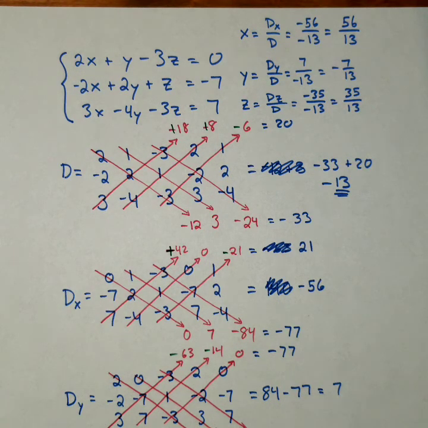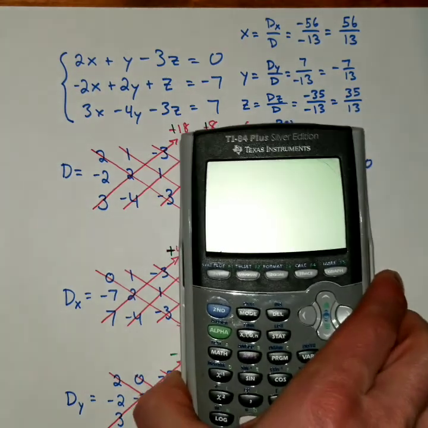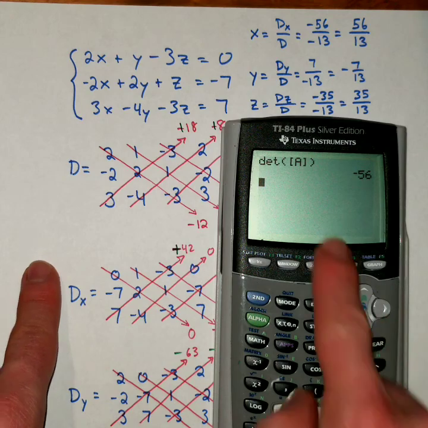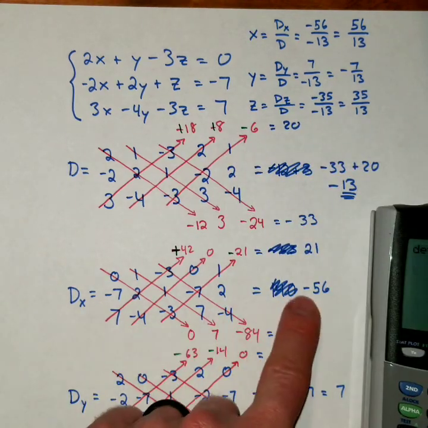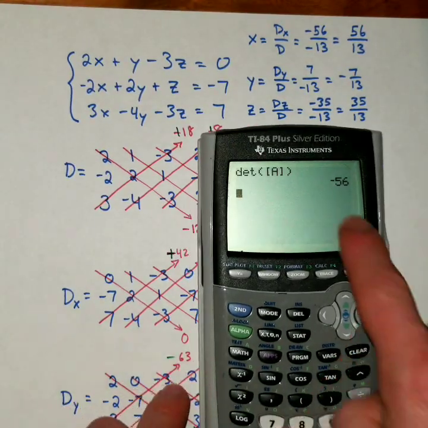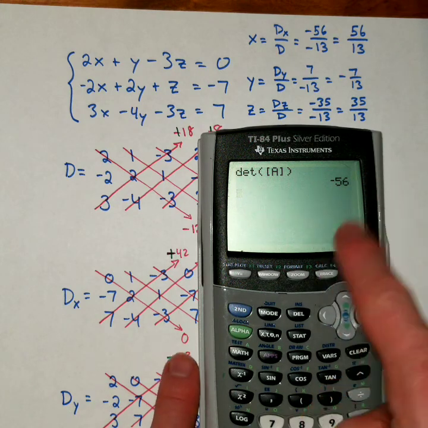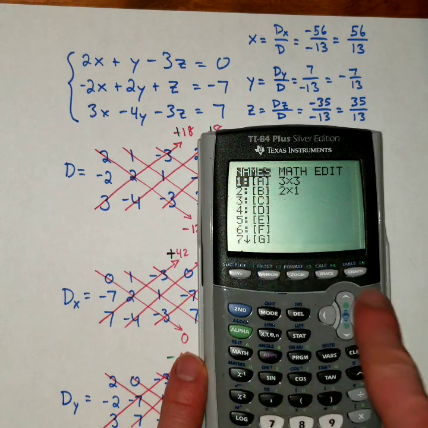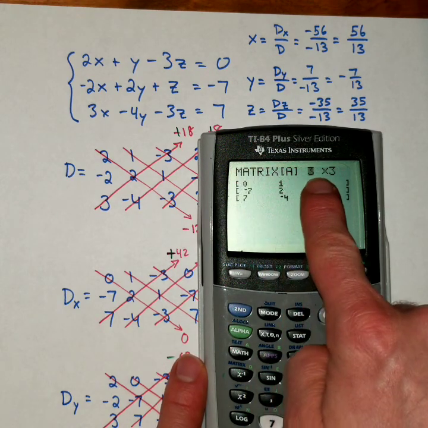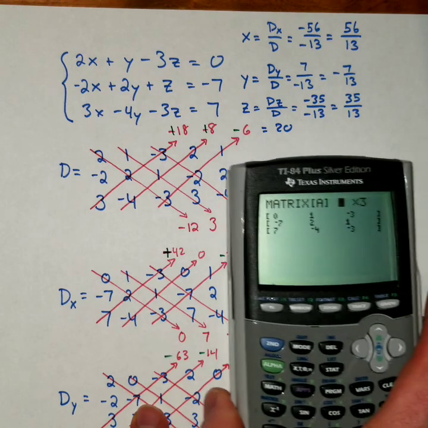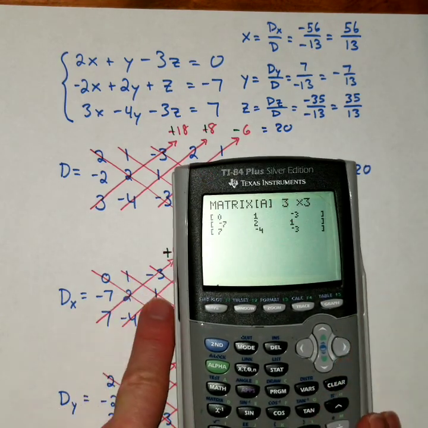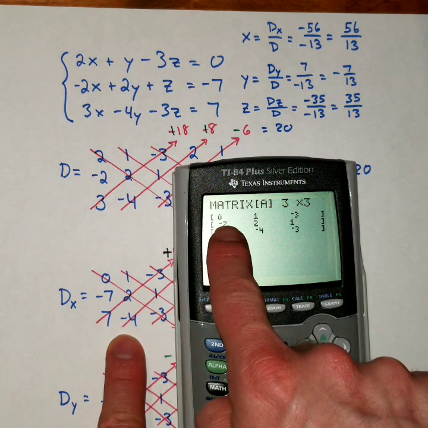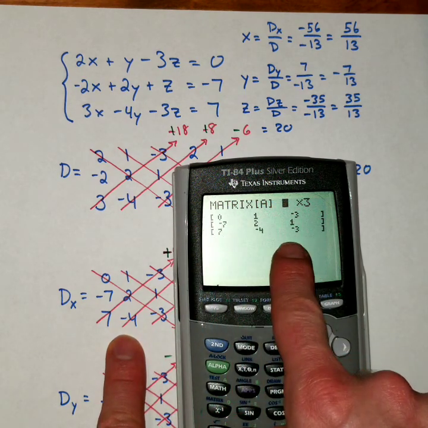The other thing I wanted to mention is that your calculators can compute these matrices. That's how I just checked this one I made a mistake on, to make sure I was doing something wrong. What I did is, very quickly, I went into my matrix menu, went over to edit, made a 3x3 matrix, and typed in this 3x3 array of numbers. That's 9 numbers.